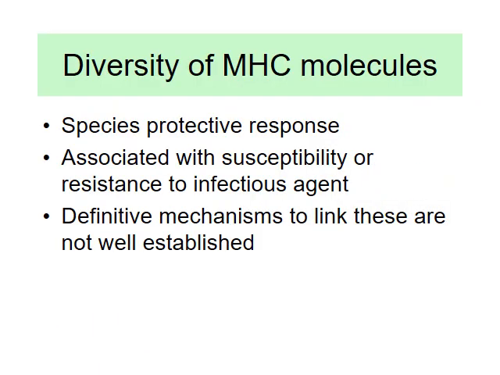Homeostatically, remember, this is a species protective response. This is a protective response that we have, and we don't want to blame our parents for that, but that's what it is, because you cannot go back and change the gene, right? But of course, protective. Then again, it is associated with susceptibility or resistance to infectious agents. That's another thing.